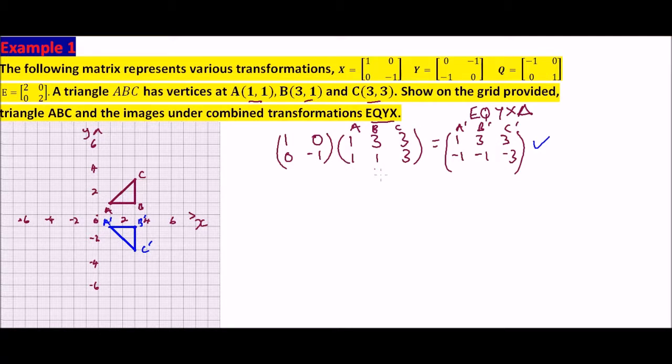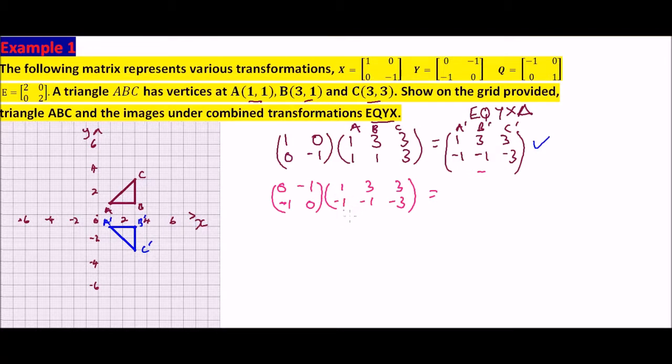Now, we have another matrix, which is Y. So we are going to multiply this matrix by the matrix of our new image. We have 0, -1, -1, 0, and our image matrix, which is 1, 3, 3 over -1, -1, -3. When we multiply, 0 times 1 is 0, -1 times -1 will be positive 1.